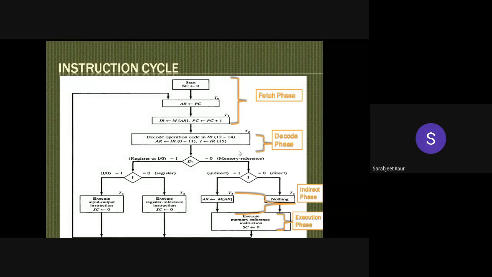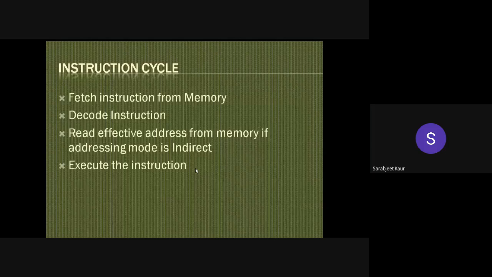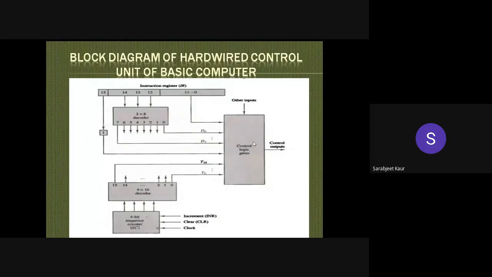Now after the decode phase, please see, I know what my opcode is. Now if this opcode is D7, when is D7 active? D7 will get active when I have 1 1 1 here. Is that correct?